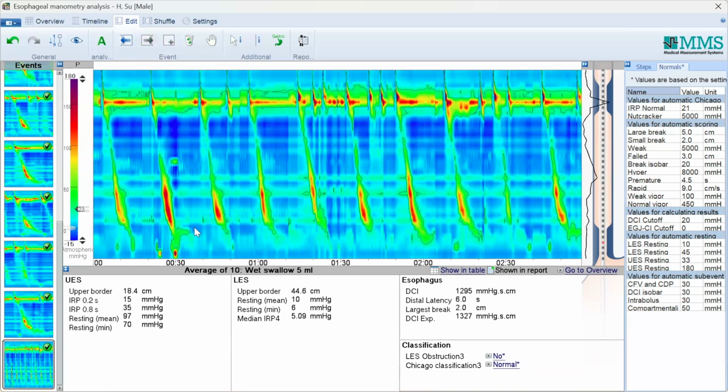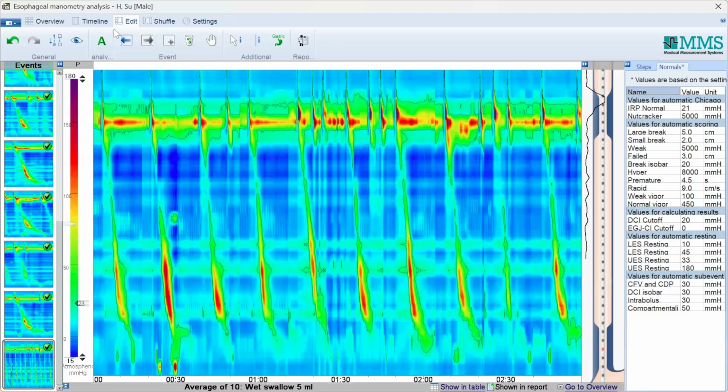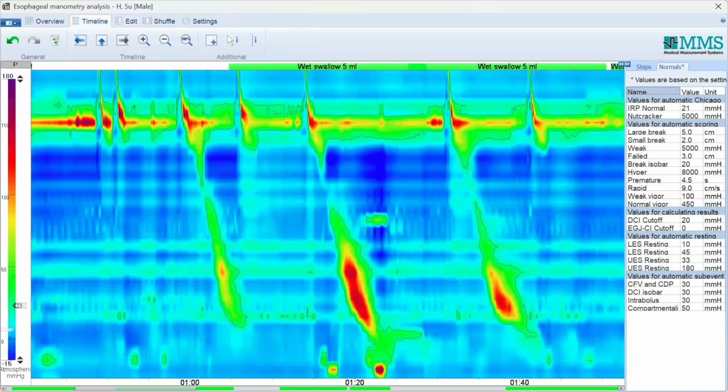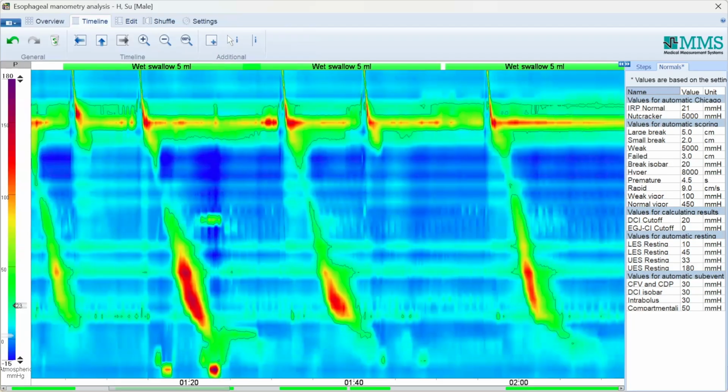Now, if we talk about the most important artifacts that can make a normal esophagus look abnormal, we try to mitigate a lot of this now in Chicago 4 by doing the supine and the sitting up swallows.